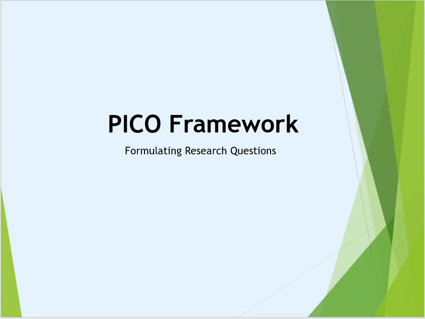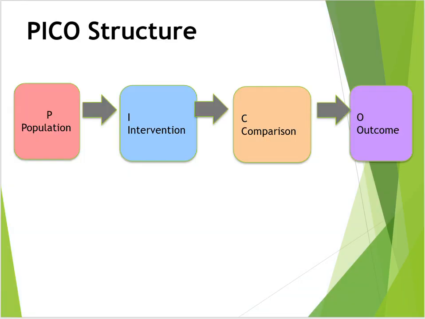So to begin, what is PICO in full? PICO is an abbreviation that stands for P for population, I for intervention, C for comparison, and O for outcome.